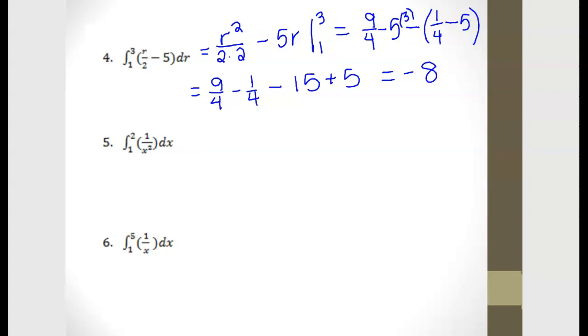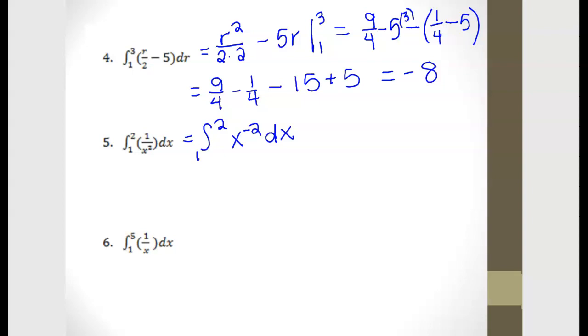X squared is in our denominator. So if you go back and you think about when we took derivatives, if we had something in the denominator, we brought it up as a negative power. So for antiderivatives, we're going to do the same thing. We're going to say that this is equal to the integral from 1 to 2 of x to the negative 2 dx. So I'm just going to bring that x squared up as a negative.